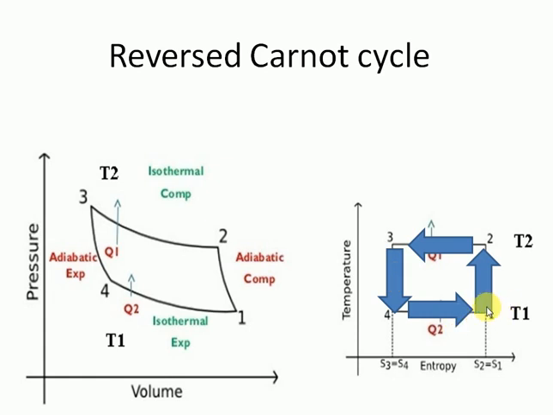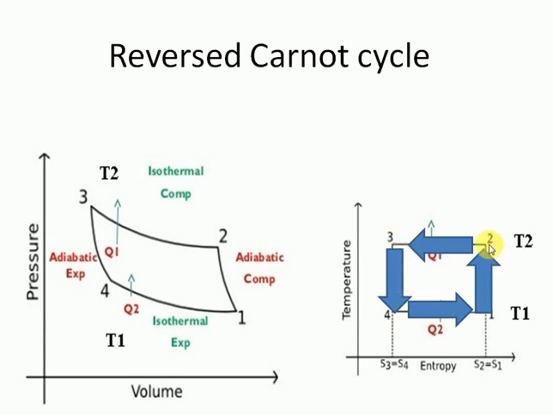If I start from state 1 to 2, it is an isentropic compression process, because in this the entropy remains constant and the temperature increases. This process is also called a reversible adiabatic process. 2 to 3 is an isothermal process and 3 to 4 is again an isentropic expansion process.